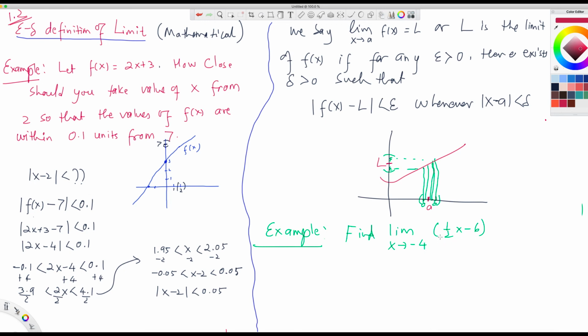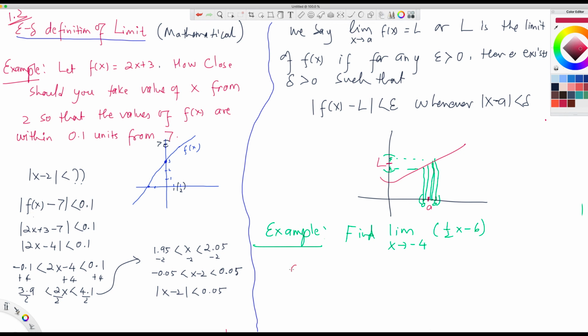Another way is you just plug in that value directly here. Most of the time, if the function is continuous, the limit always exists, meaning the limit equals the functional value there. So how do you find the functional value? Just plug in that value. Whatever value you get is the limit.